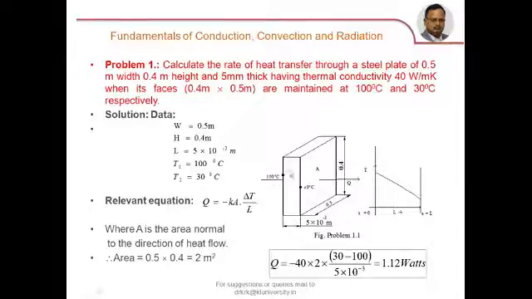I am assuming that the thermal conductivity of the plate is uniform and not a function of temperature, and it is purely one-dimensional heat conduction, and completely under steady state.